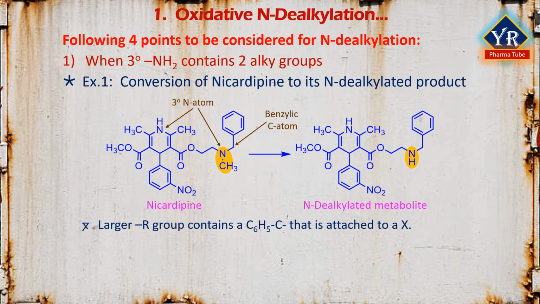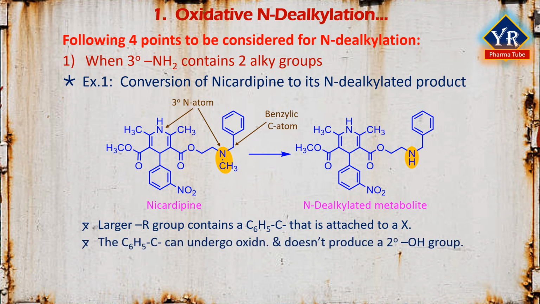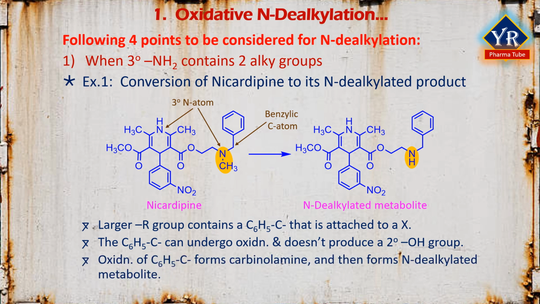As previously discussed, this benzylic carbon atom can undergo oxidation, however, it does not produce a stable secondary hydroxyl group. Oxidation of this benzylic carbon atom forms a carbinolamine that collapses and forms an N-dealkylated metabolite. Thus, oxidation at this carbon atom is correctly described as N-dealkylation and not benzylic oxidation.